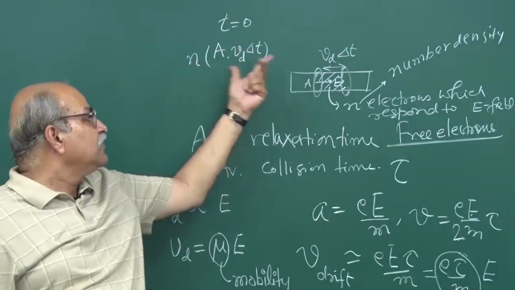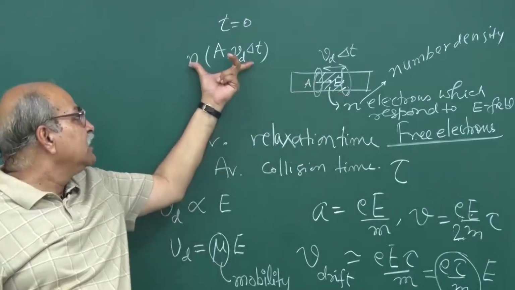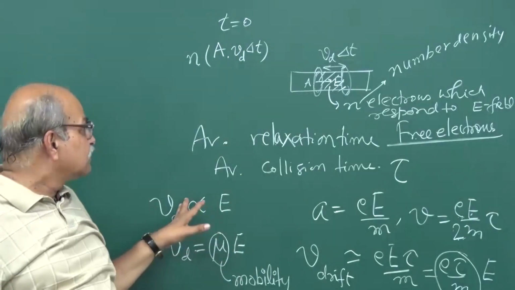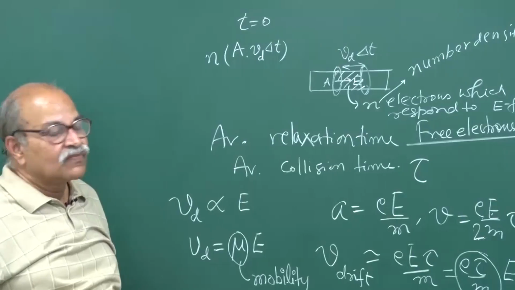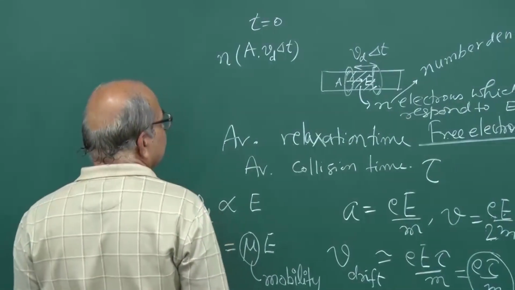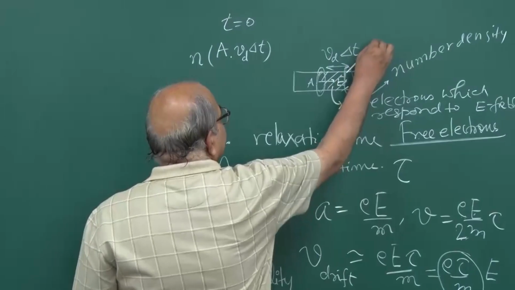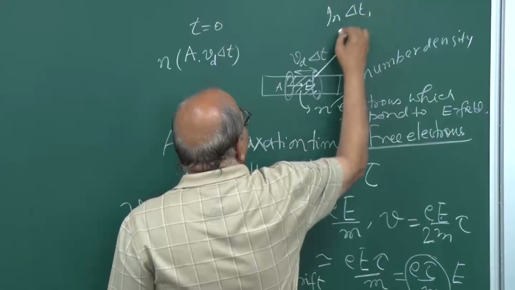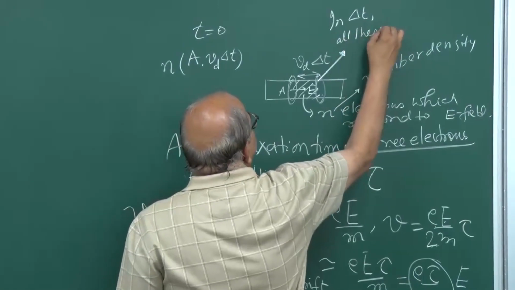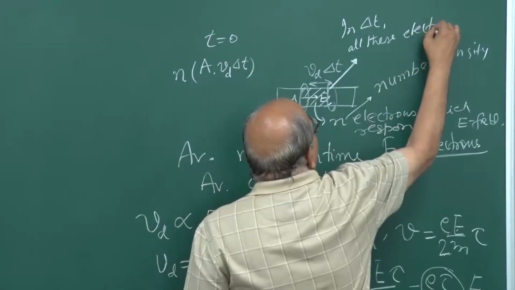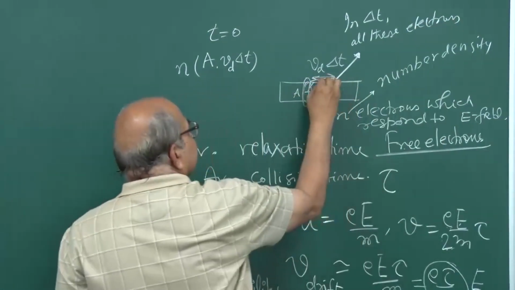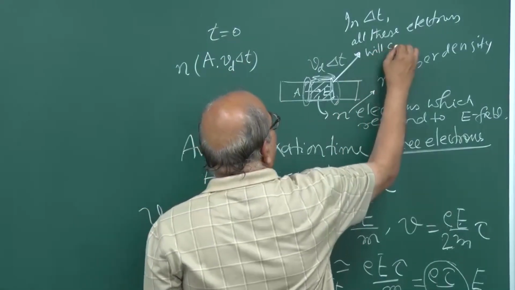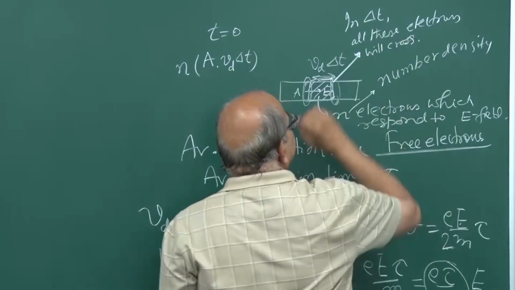These many electrons are going to respond to this E. These many electrons have achieved this drift velocity. And all these are going to cross this cross section in time delta t. So in time delta t, which electrons? The electrons which are here, in this volume, will cross this cross section.